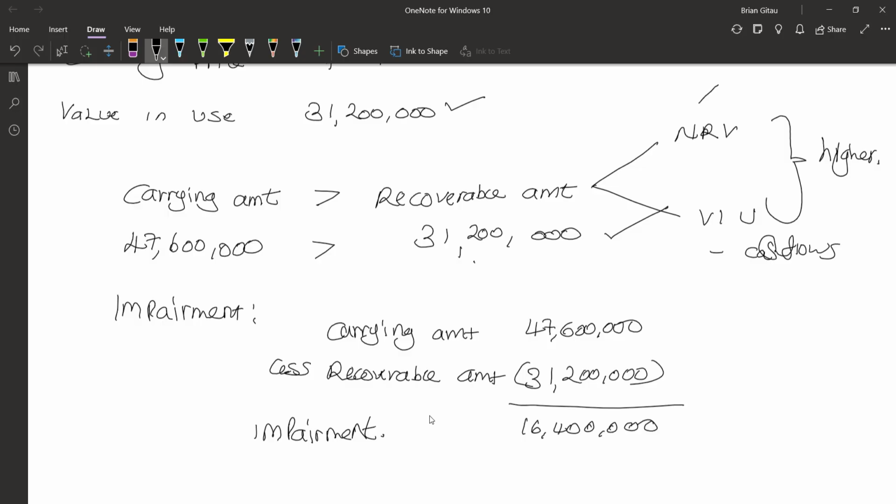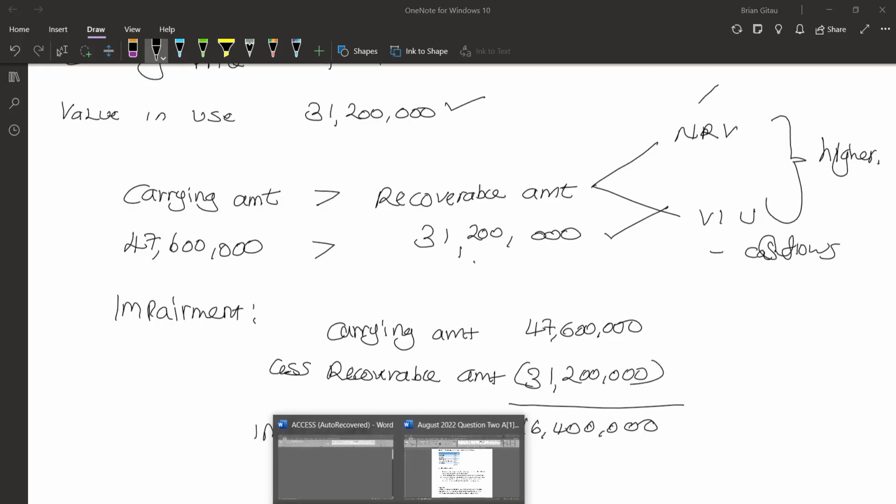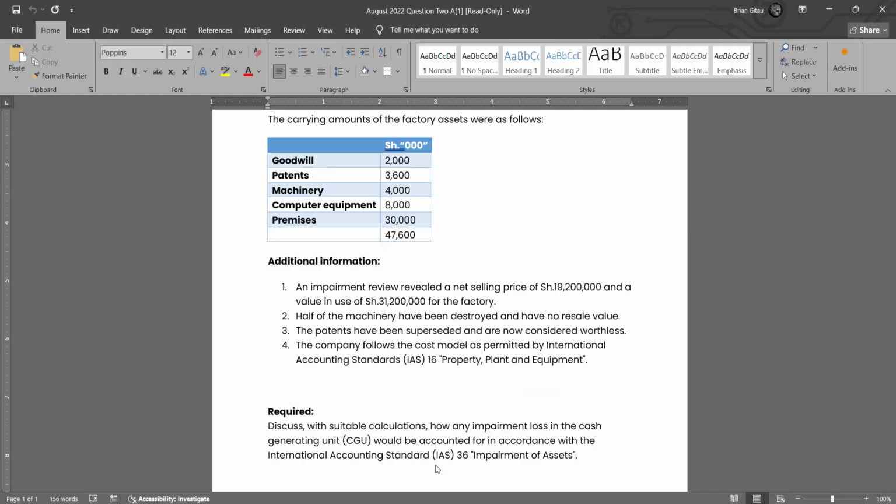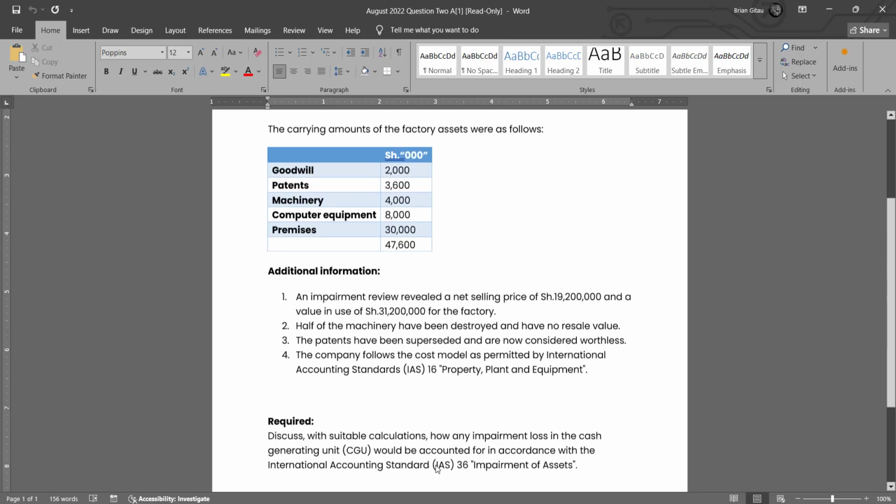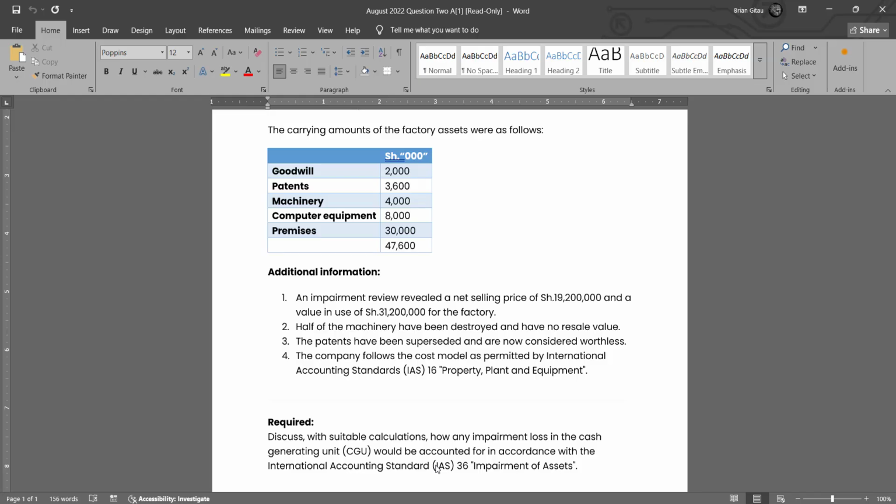So we are going to write off goodwill, and there are some other assets that have been affected by the event that necessitated the impairment review of the cash generating unit, and that information is given in additional information 2, where we are told that half of the machinery has been destroyed and has no resale value. So if machinery is worth 4 million, half of it has been destroyed.